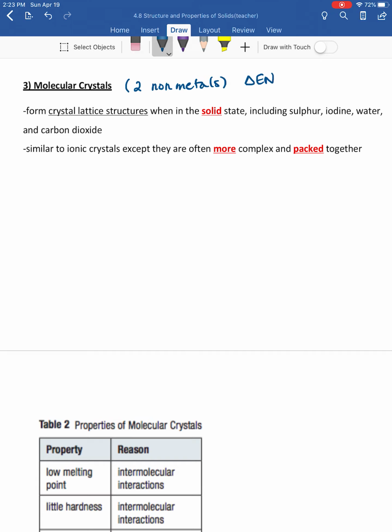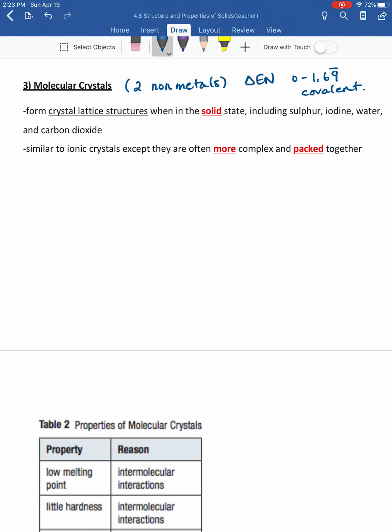So don't forget, we're talking delta EN of between 0 and 1.69999, right? So there's no ionic bond. These would be our covalent bonds. We'll say covalent, whether they be polar covalent or non-polar covalent, we're sharing electrons here.